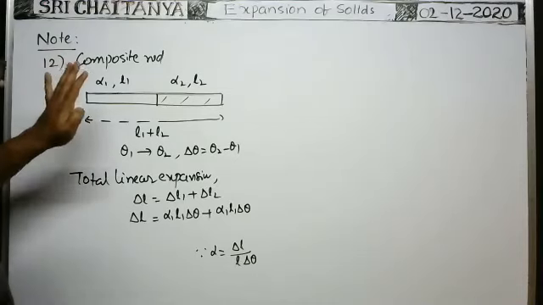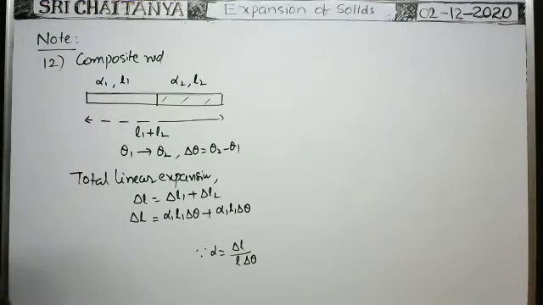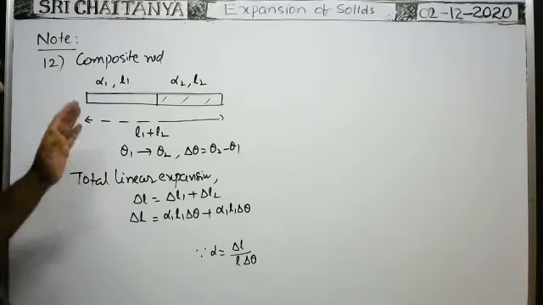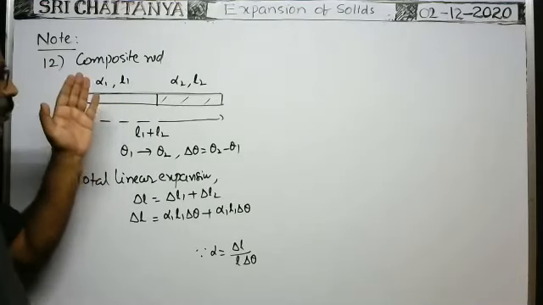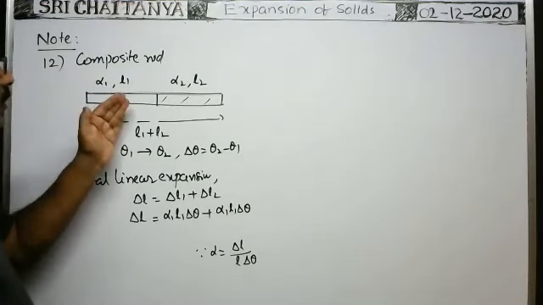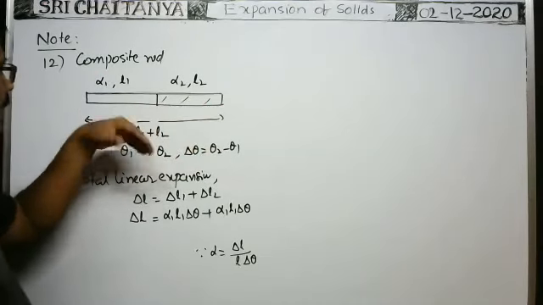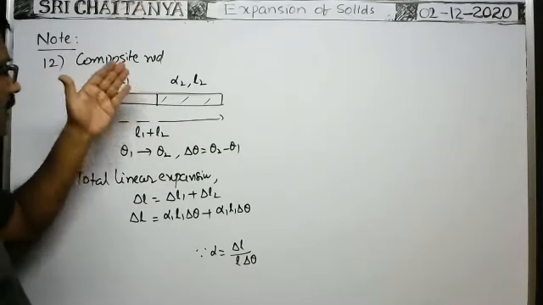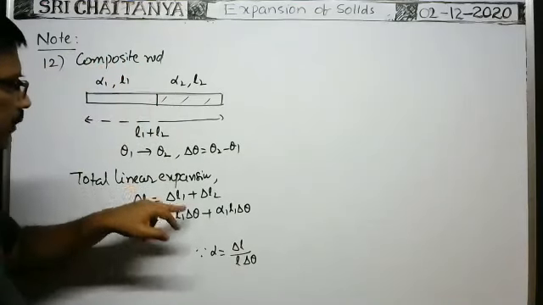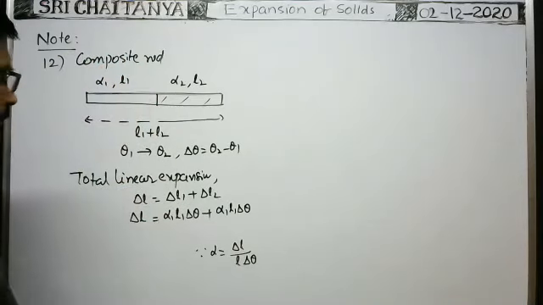So what is the average coefficient of linear expansion of a single rod having length L1 plus L2, same as the composite rod, in order to have the same linear expansion for the same rise of temperature? Say it is alpha.